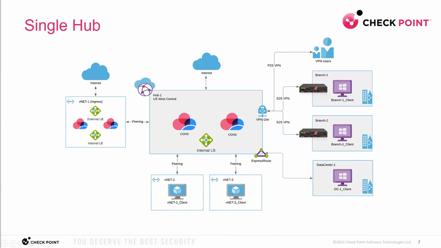Routing between VNets and between VNet and branches: we are also going to publish all the static routes of all the networks to the peering. So if this guy wants to talk with this guy, again, he's going to route it to the internal load balancer, and from the internal load balancer to one of the CloudGuards. In this case, we are not doing NAT.